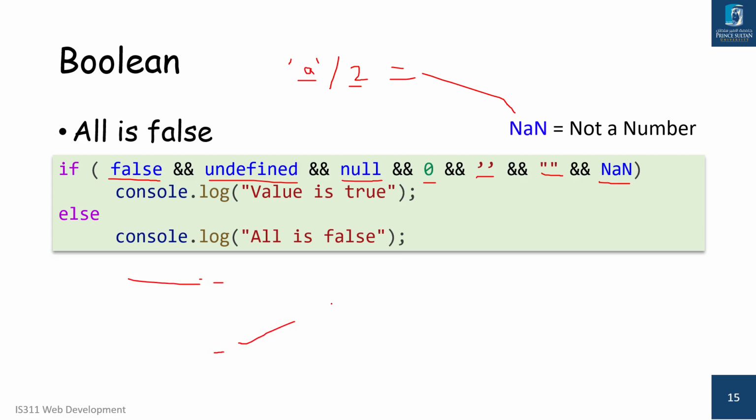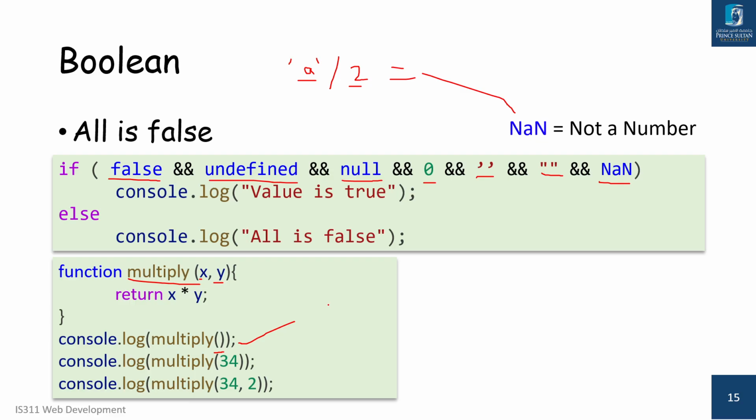Similarly, in the second statement, only one value is given: x is 34 but y is undefined. Again, when we perform the calculation, it gives a NaN value. For the last one, you can see the output: the first two give NaN, and the last one gives the multiplication of two numbers, 34 multiplied by 2.